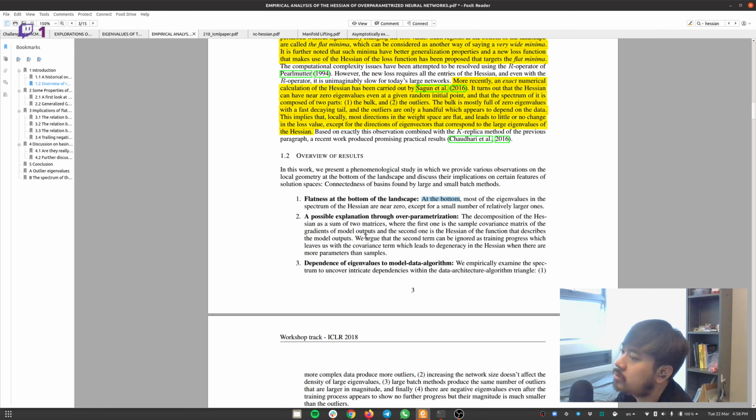Gradients of the model outputs. Okay, I see. We argue that the second term can be ignored as the training progresses, which leaves us with the covariance, which leads to degeneracy in the Hessian where there are more parameters than samples.